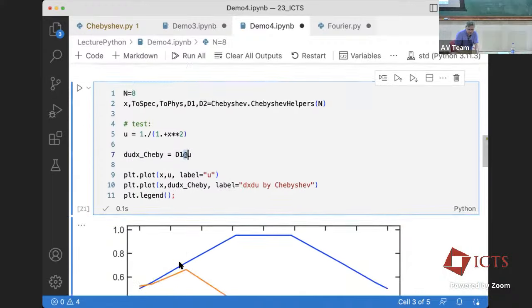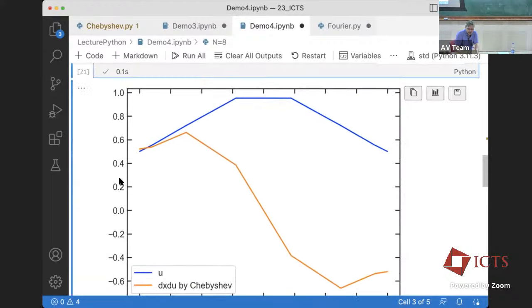And then I'm plotting it, and this is what comes out. The blue line is the Lorentzian, awfully underrepresented because I only have 8 points. The orange line is the derivative of the Lorentzian, also awfully underrepresented because we only have 8 points.